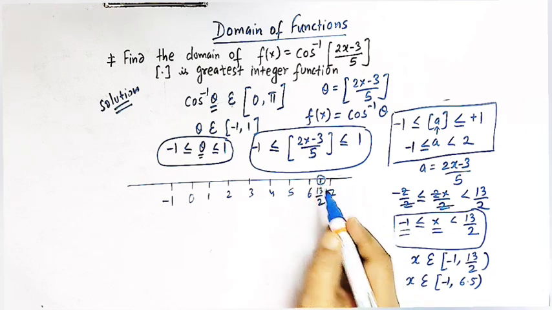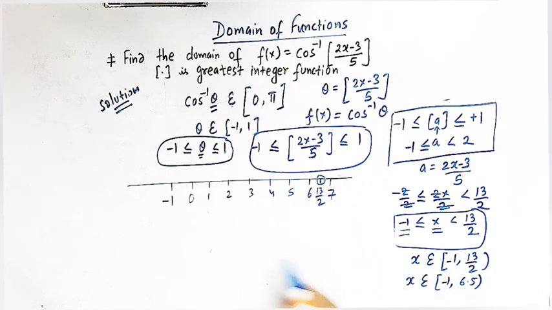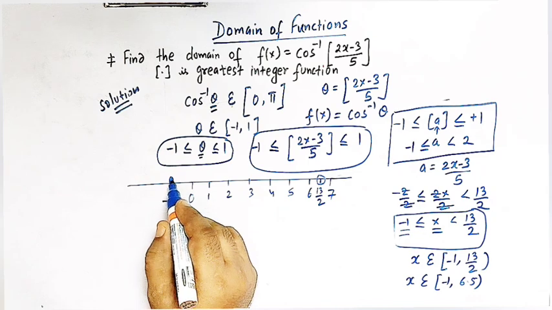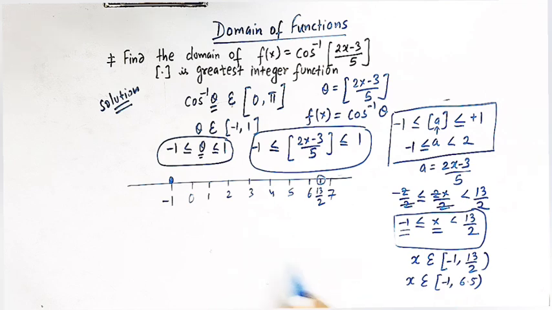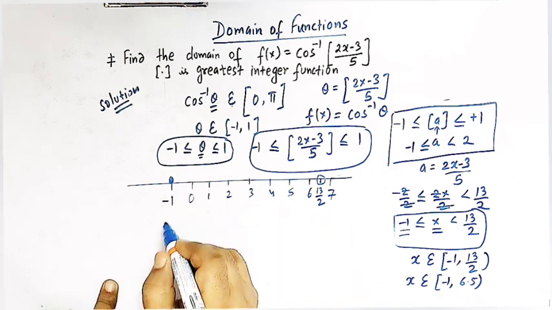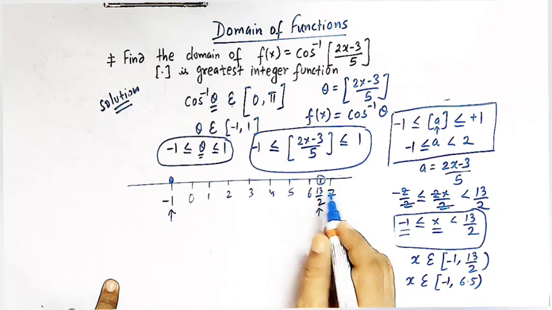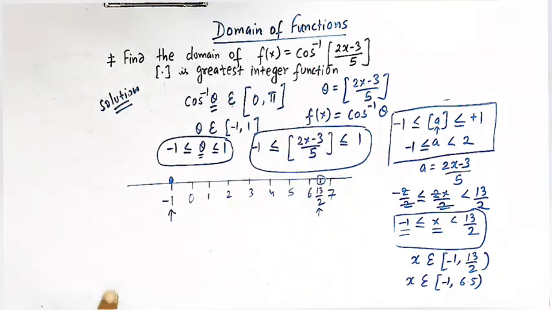It implies that 13 over 2 is not included, and here we have minus 1, right? And here we'll draw a dark circle which suggests that minus 1 is included. So all the values which lie between minus 1 and 13 over 2 belong to the domain of this function.